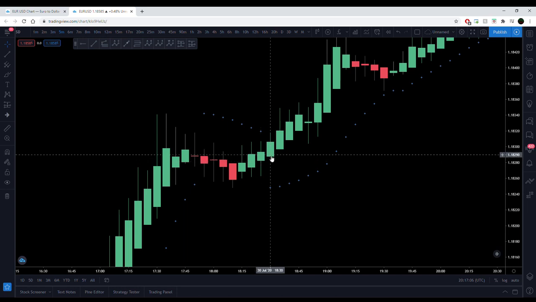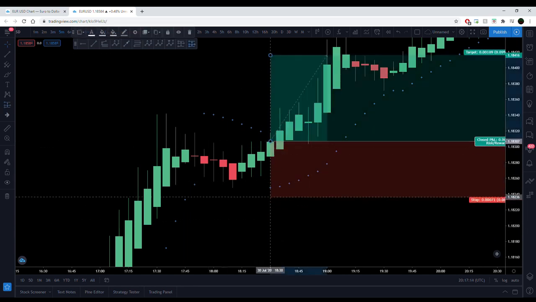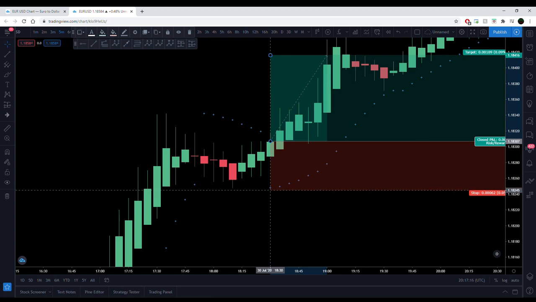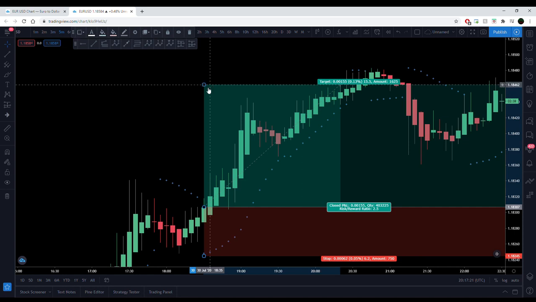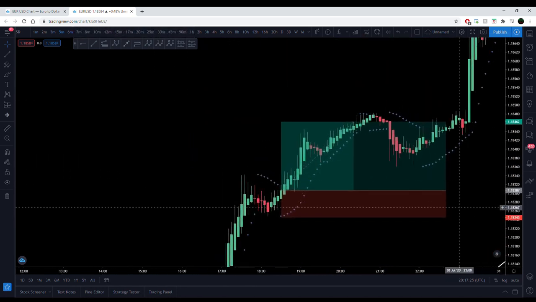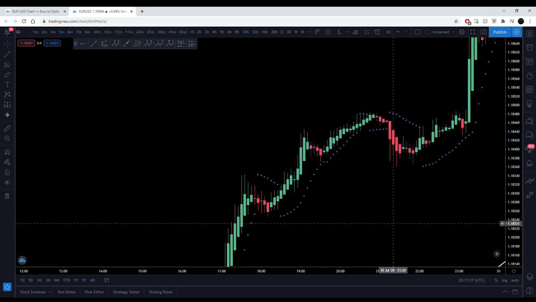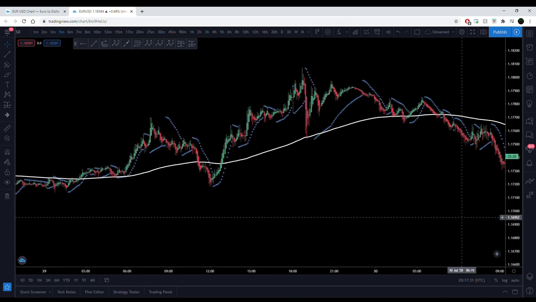No wick below the candle, plus our parabolic SAR is now below, so we can set a stop loss properly. So we're going to enter here. Stop just below the parabolic SAR, and then we're aiming for a 2.5. So this would have been, once again, a nice winner in this uptrend. So that is the basics of that strategy.